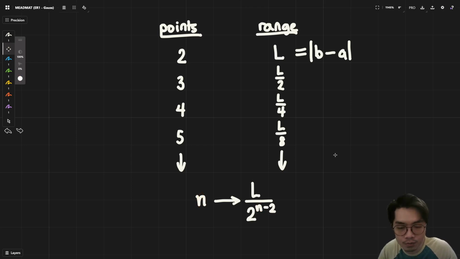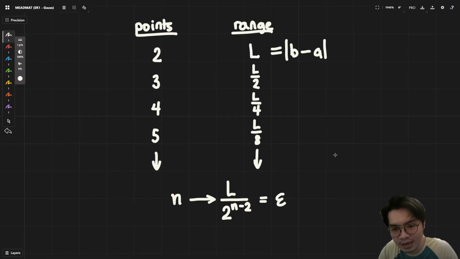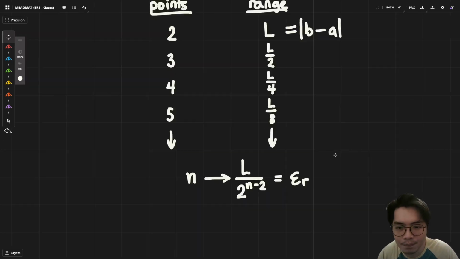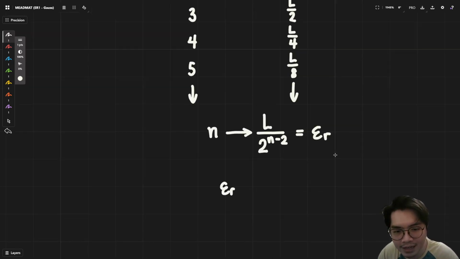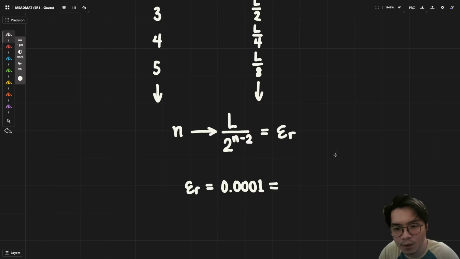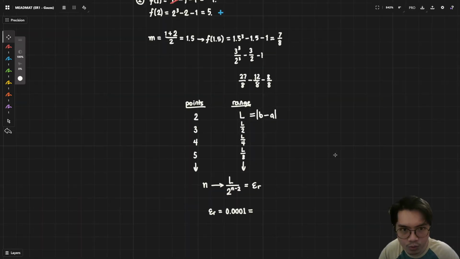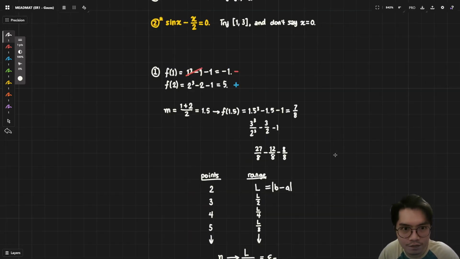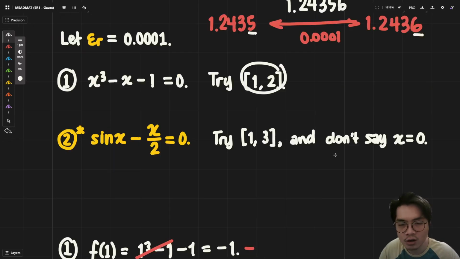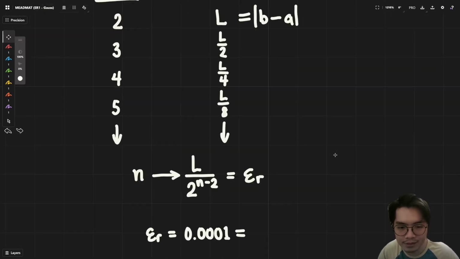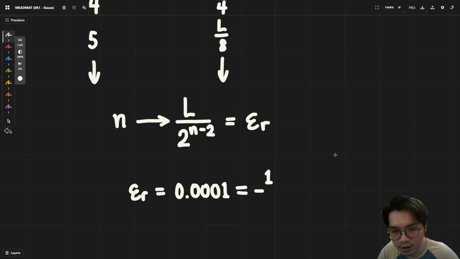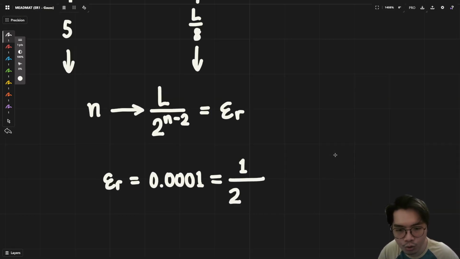Now, this is going to be your formula for your epsilon r, your length of bracket. Say, for example, we know the length of our bracket is going to be 0.0001. Our original range was 1 to 2, so that is 1 all over 2 raised to n minus 2.